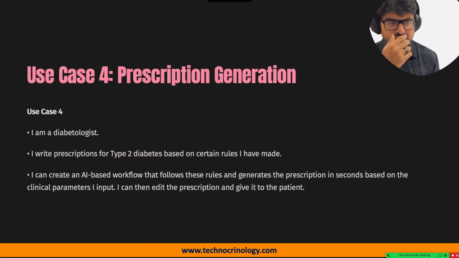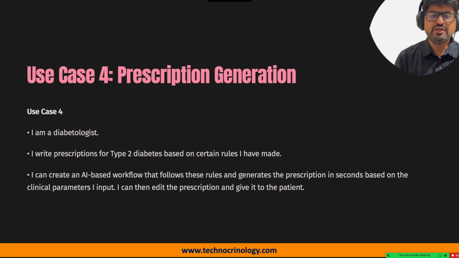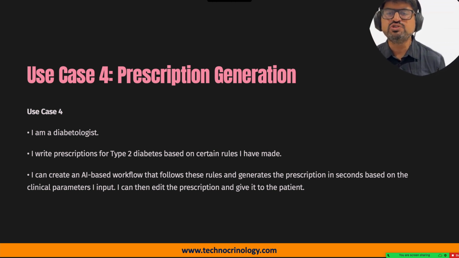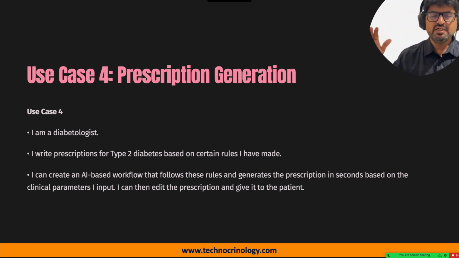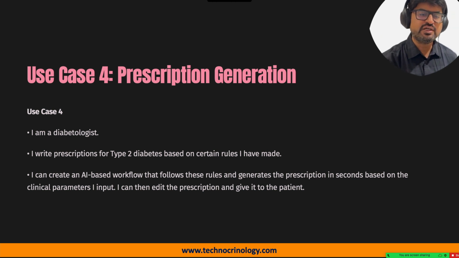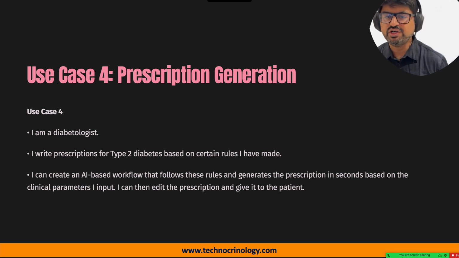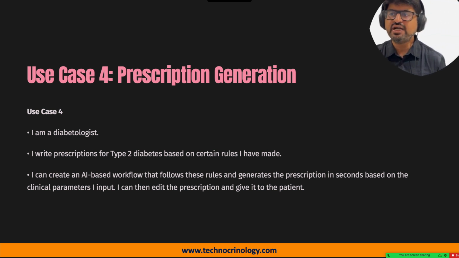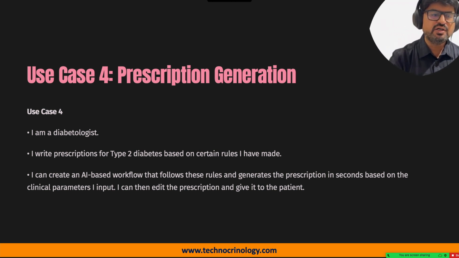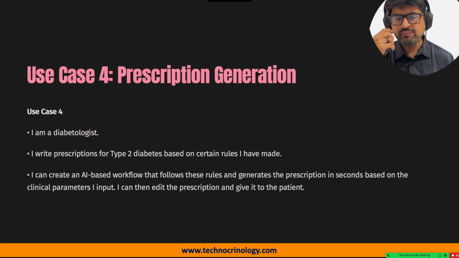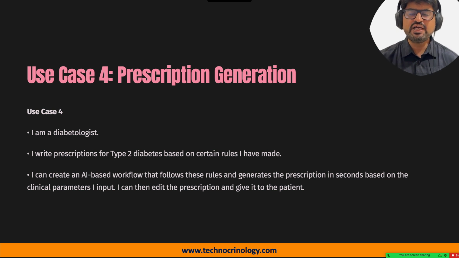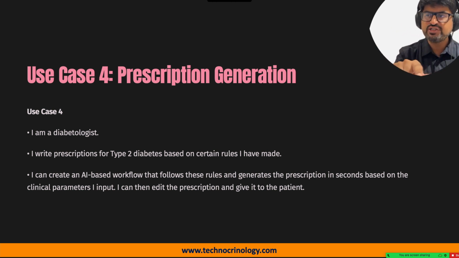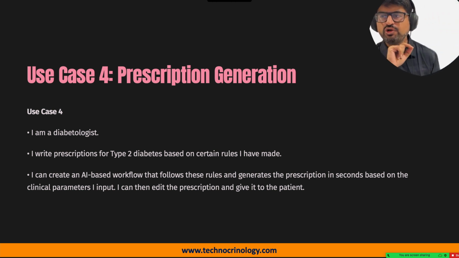Maybe prescription generation. Let's say you are a diabetologist and you have made certain rules. For example, if the patient has a genitourinary tract infection, I will not use SGLT2 inhibitors. Or if the patient has heart failure, I will use SGLT2 inhibitors. So you have certain rules which you have made. You can create an AI-based workflow to follow the rules, and you just need to put in the patient's input. We have actually made something like this called diabetology.co.in.